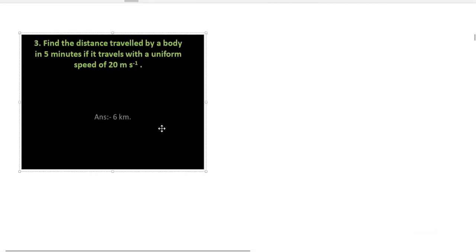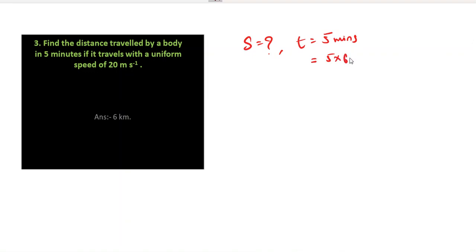Find the distance traveled by a body in 5 minutes. Okay, we have to find the distance. Time is 5 minutes. I will convert it into seconds. So 5 multiplied by 60, that is 300 seconds. It travels with a uniform speed of 20 meter per second.